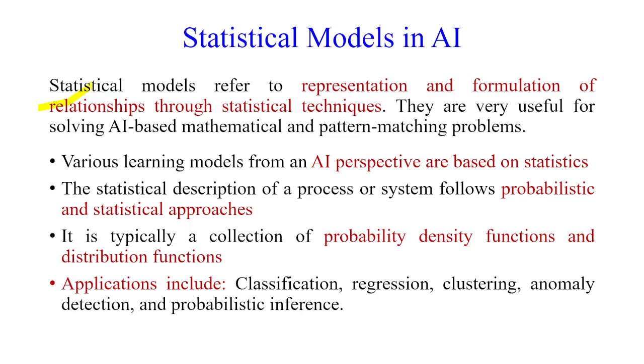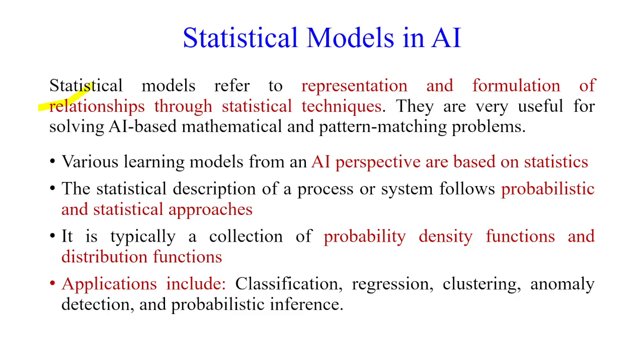It means they use mathematics and probability to find patterns in data. The key point here is that various learning models from an AI perspective are based on statistics. Most of what we call machine learning today is built on statistical functions.